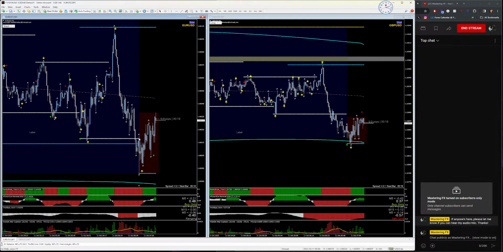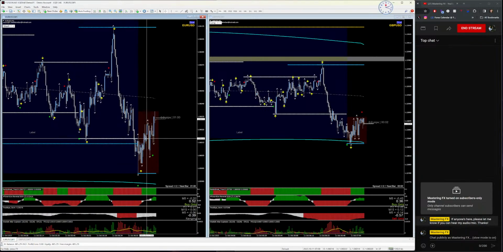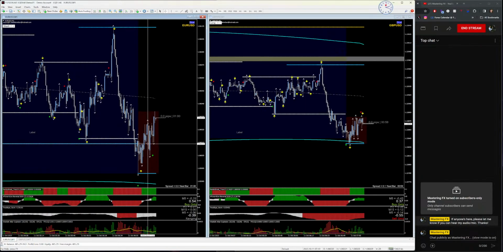This is very efficient price delivery. Yes, we did have a fair value gap here, but it was not even respected. Price went just through it. If it would have respected it, it would have never come below this candle here, but it did. So no real entry yet.